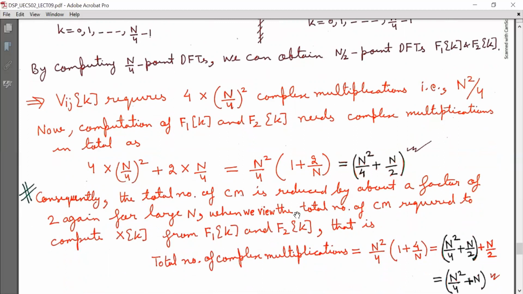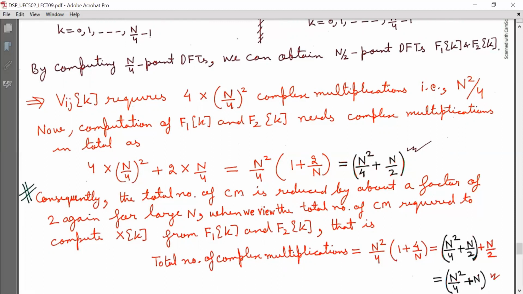When we view the total number of complex multiplications required to compute xk from F1k and F2k, that is n square by 4 into 1 plus 4 by n, or it is n square by 4 plus n by 2 plus n by 2.